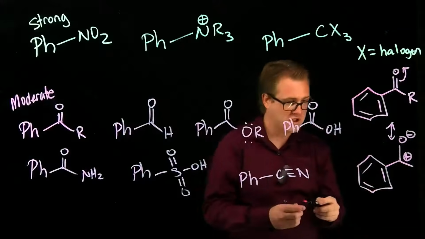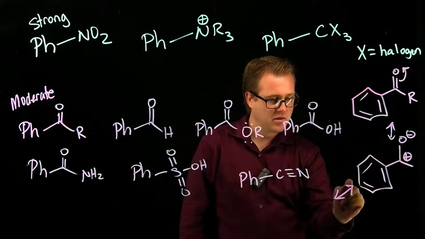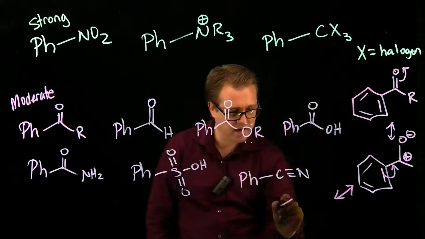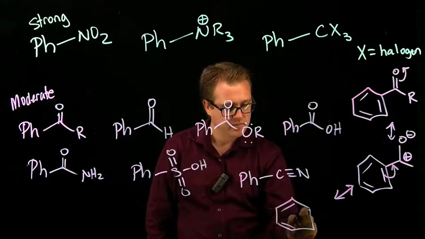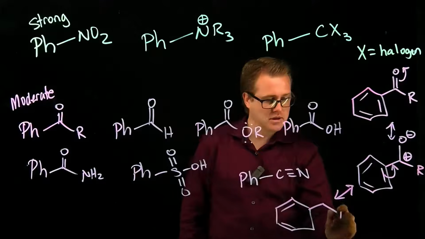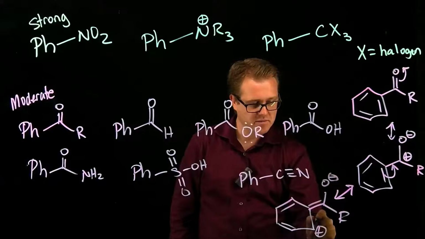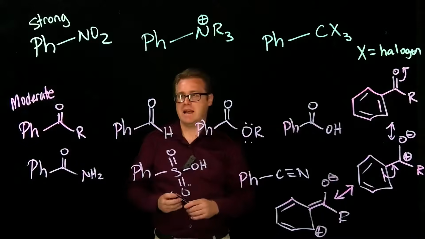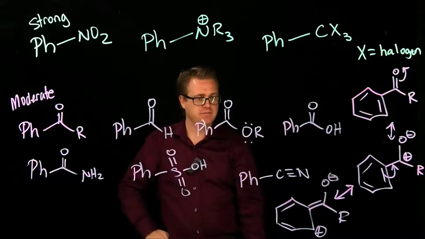And then you could envision a second resonance structure where the pi electrons can donate in to help stabilize that cation. That's an R, that's an R. You can envision something like that. So everything in pink here is moderately deactivating. Okay.